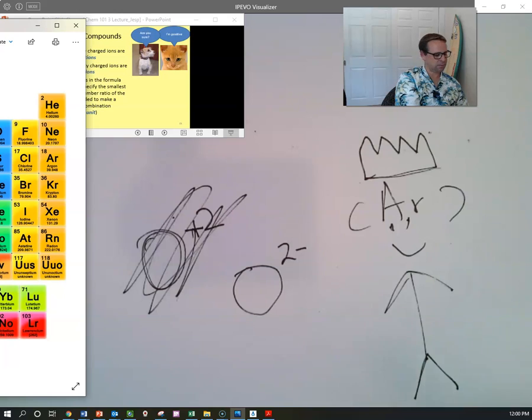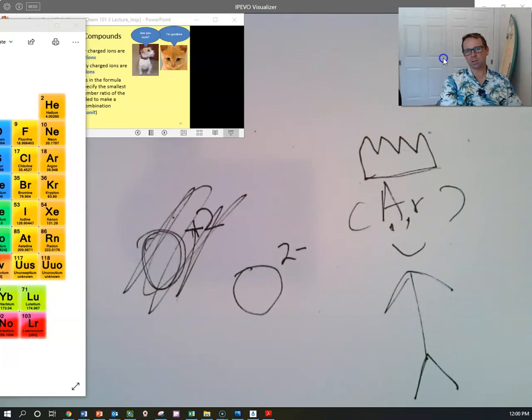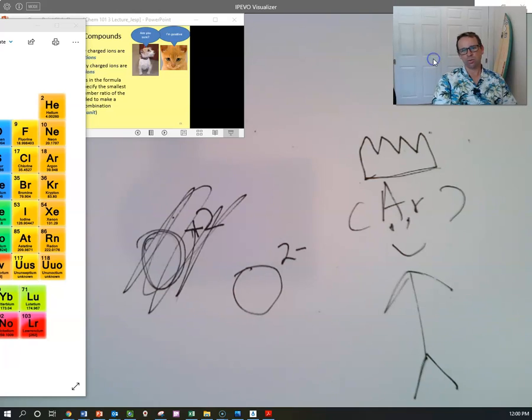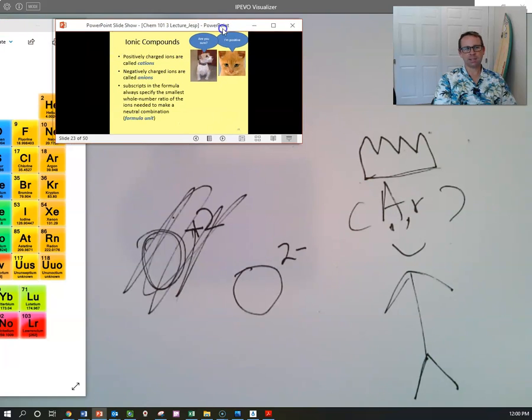And the balance, if oxygen has gained 2 electrons, now it has 2 extra negative charges. And that's where the -2 sign comes from. It's not subtracting 2 protons or subtracting 2 electrons. It's the resulting charge when 2 more electrons are added. All right, does that make sense?